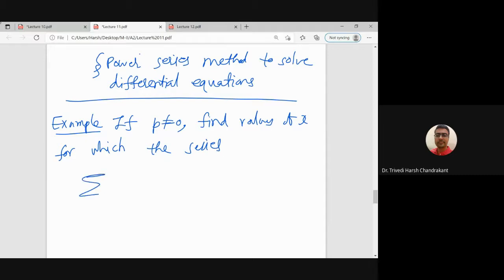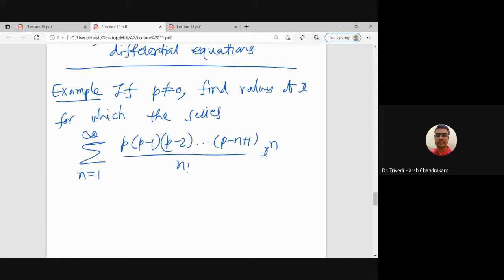We are given a series, n running from 1 to infinity, of p minus 1, p minus 2 up to p minus n plus 1, divided by n factorial, times x power n. So we need to find all possible values of x for which the series converges or diverges.